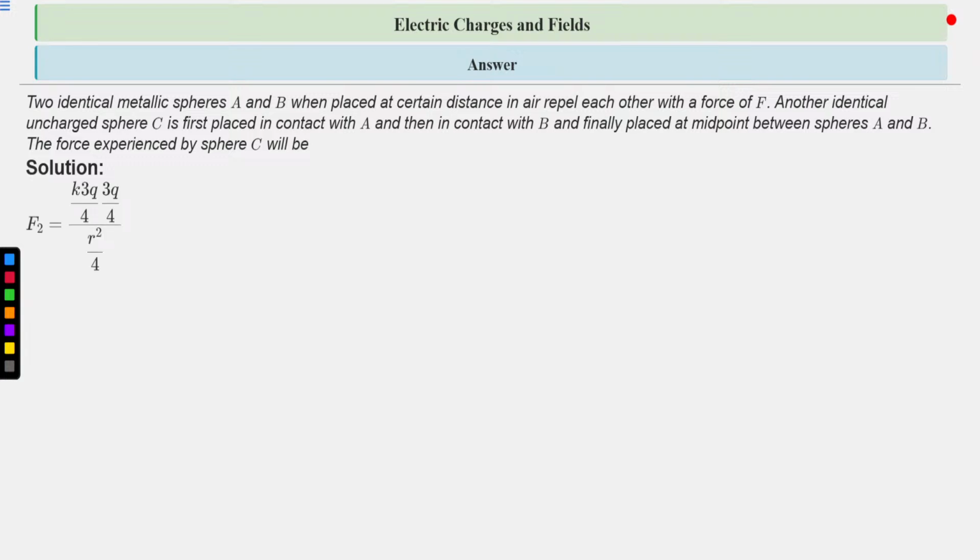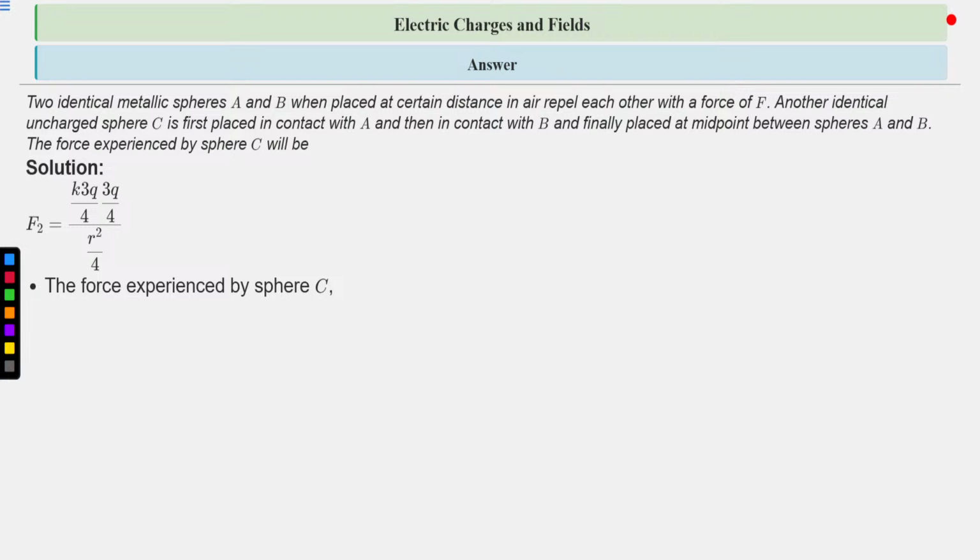Now F2 is K times 3Q by 4 times 3Q by 4 upon R square by 4. Now we have found F1 and F2, the forces on C due to A and B both. The order can change.